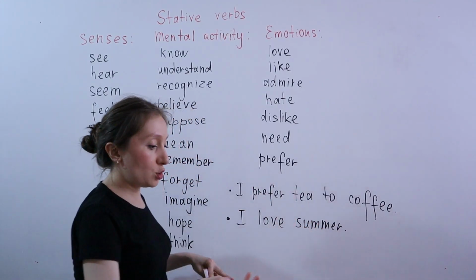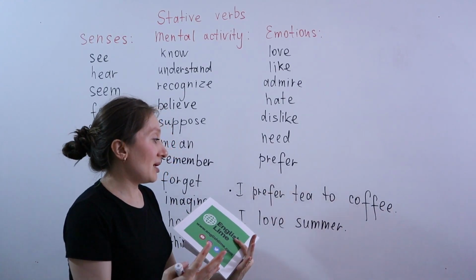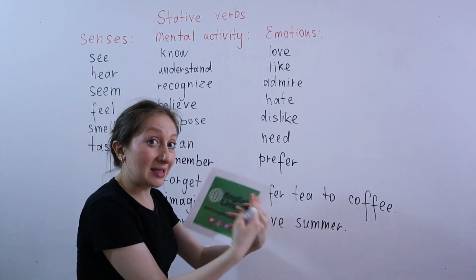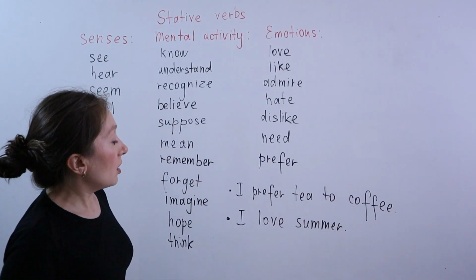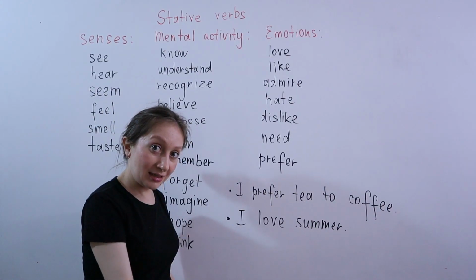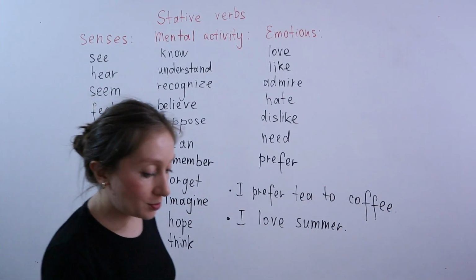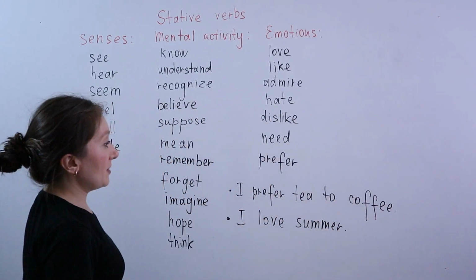Or in the films, usually when people say something, they say, I love you, and they speak now, right? I love summer. I love it. I like it very much, right? So, verbs of emotions, very easy.